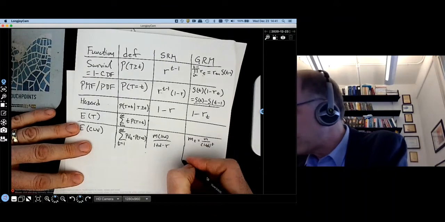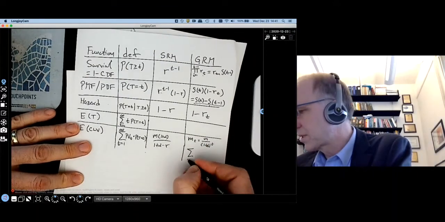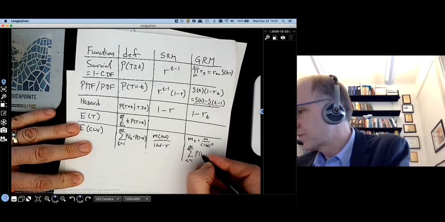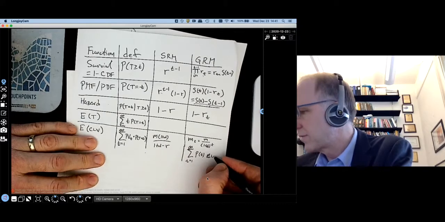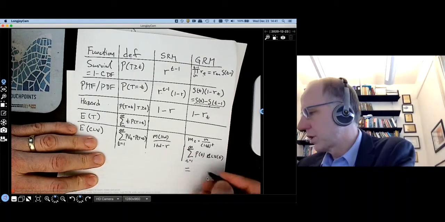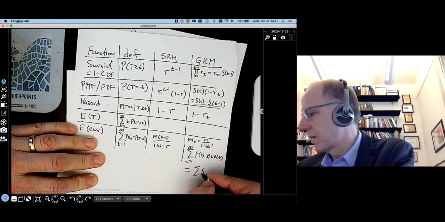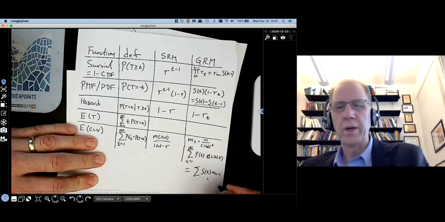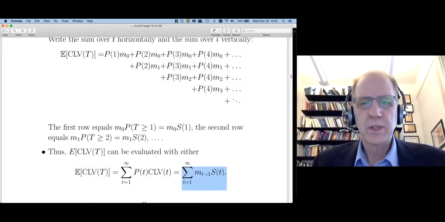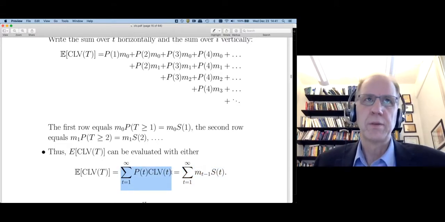Then lifetime value is just going to be the sum t equals 1 to infinity, probability of t times the CLV for that. But what we just showed is that this is the sum of s at t times m sub t minus 1. So sometimes it's going to be easier for us to evaluate this expression than this expression.